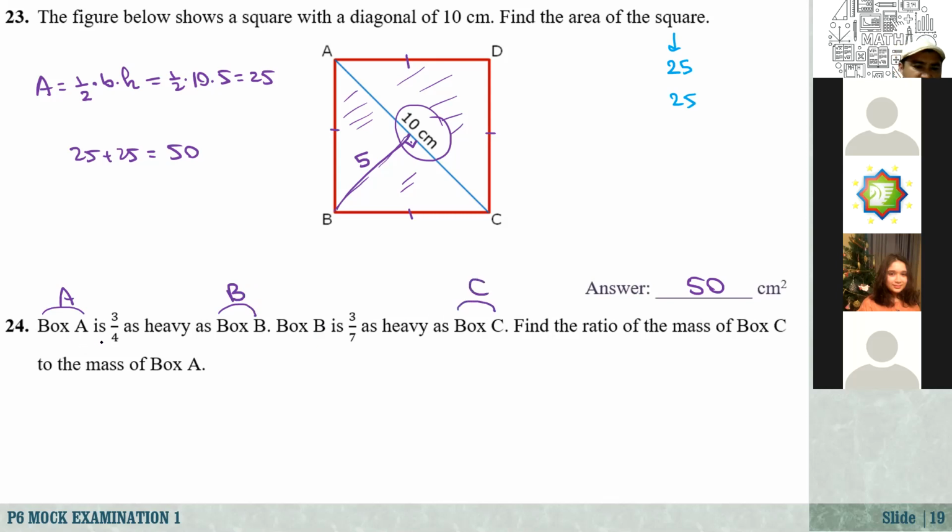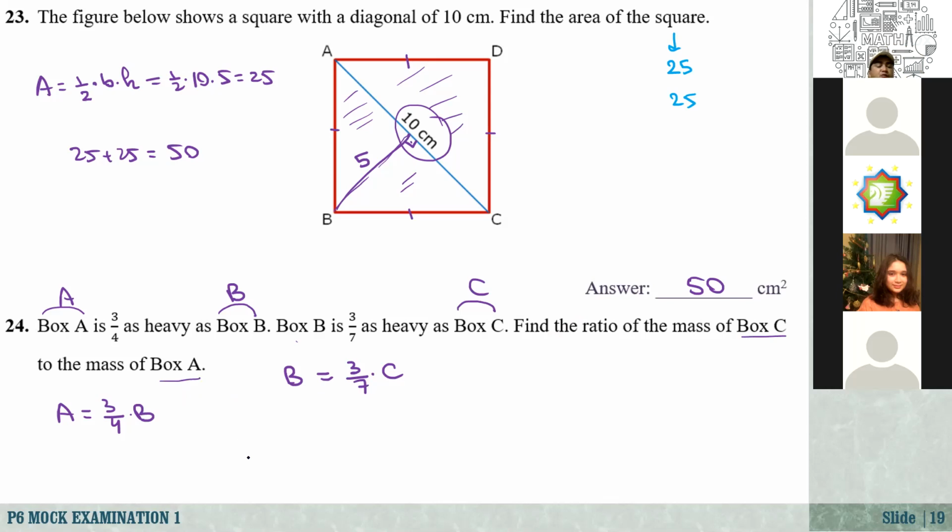Box A is 3/4 as heavy as box B. That means that A is equal to 3/4 times B. And box B is 3/7 as heavy as box C. That means that box B is equal to 3/7 of box C. What is the question here? Find the ratio of the mass of box C to the mass of box A.